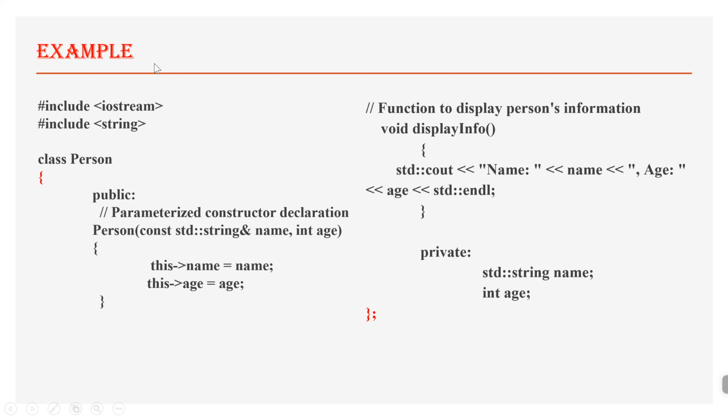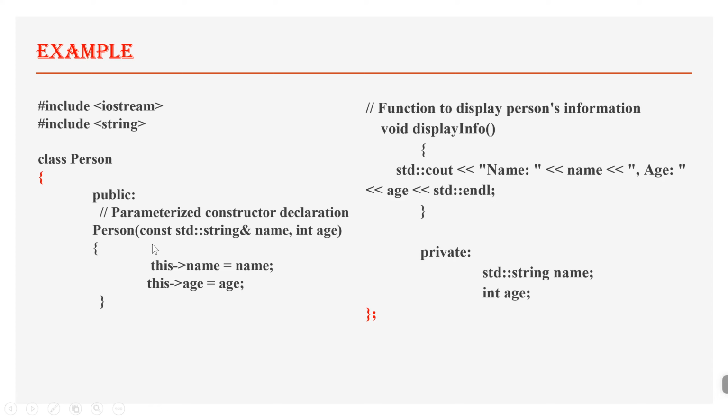See, I'm declaring a person wherein I'm initializing the person through parameterized constructor. How? What is the name of the class? Person. The name of the class is person. The function which I'm using is also person. That is the constructor.